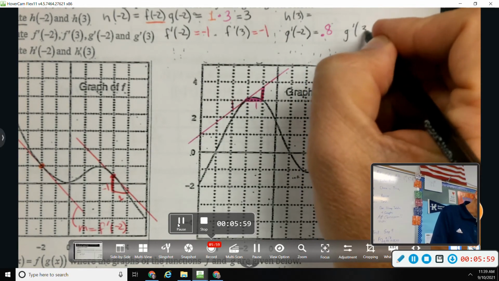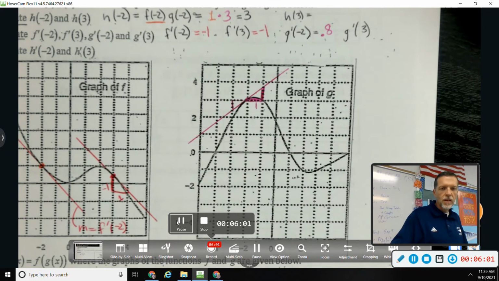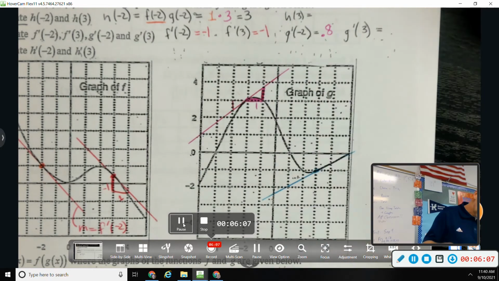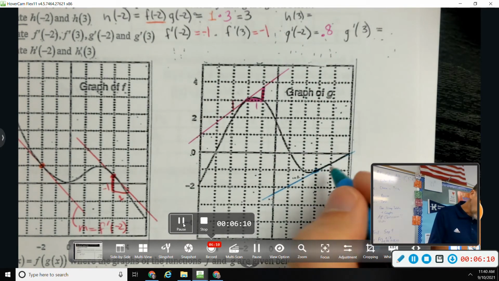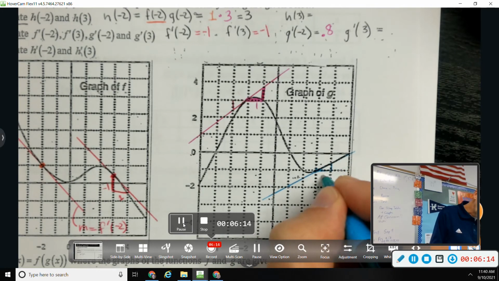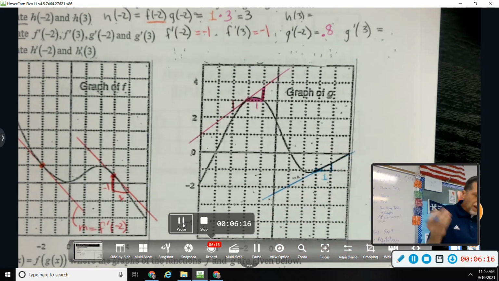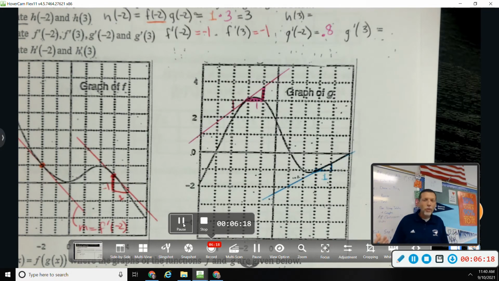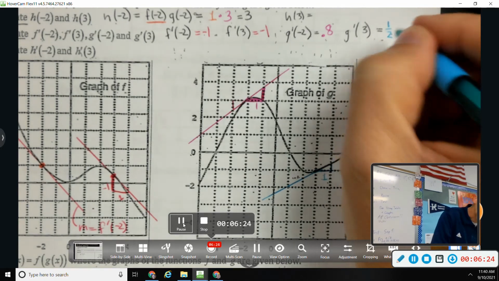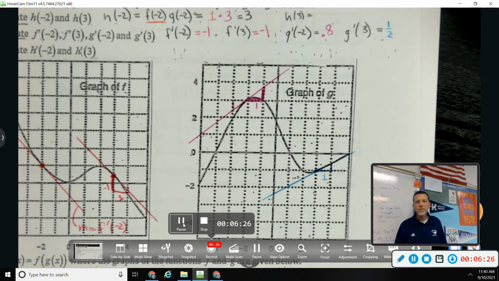Find g prime of 3. Draw the tangent line on there. The slope, let's see, if we go over 1, we would go up a half. 0.4 if we want to try to get technical, but yours might be 0.6 or 0.7. So I think a half is fine. And you could write it as 0.5 or 1/2, either way.